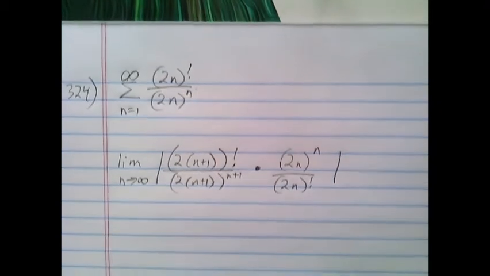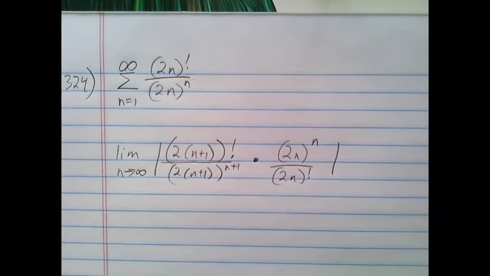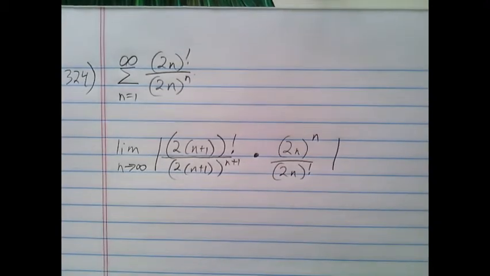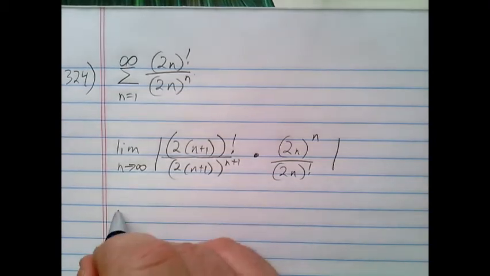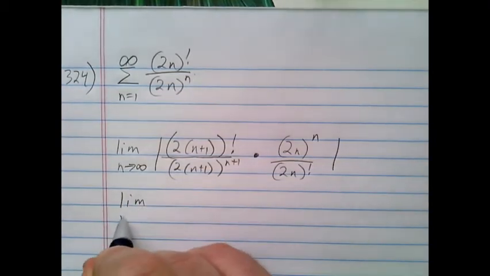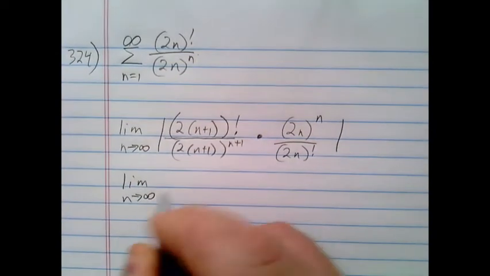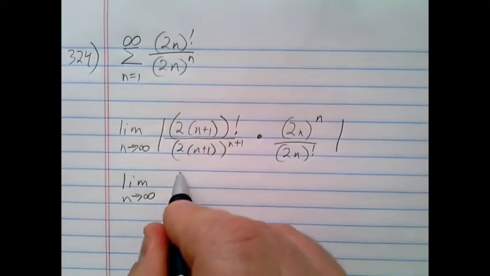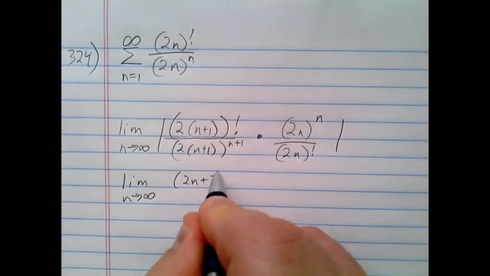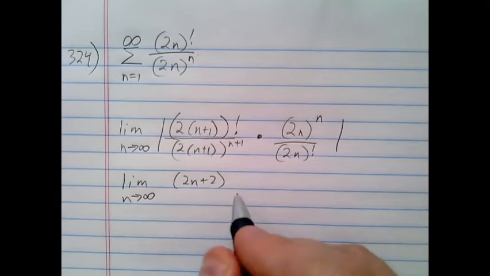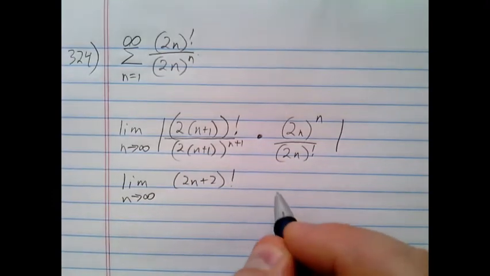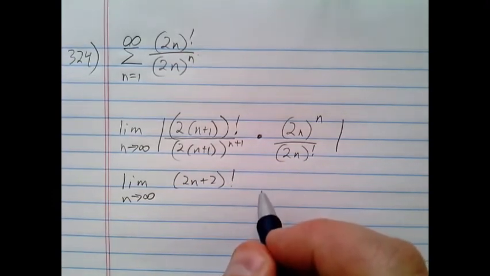Boom. Alright, I think we're going to have to do just a little bit of simplifying there. On the top, I'm going to go ahead and multiply this out and say this is 2n plus 2 when I do the multiplication. That's what I'll be taking a factorial of.